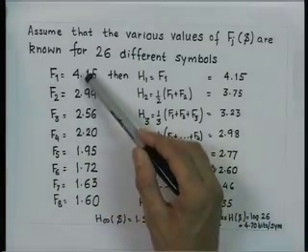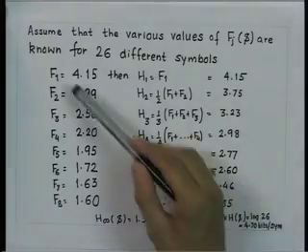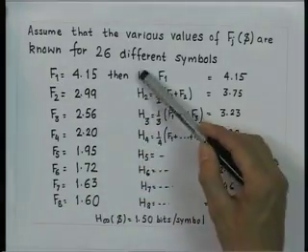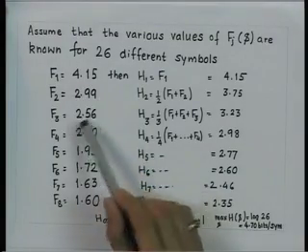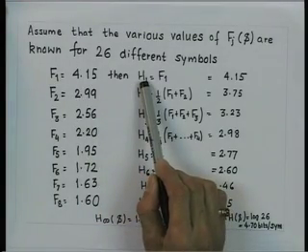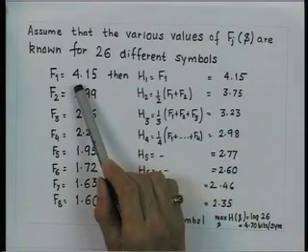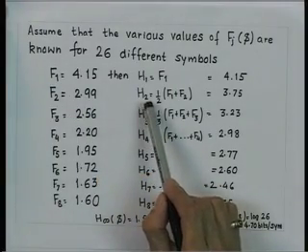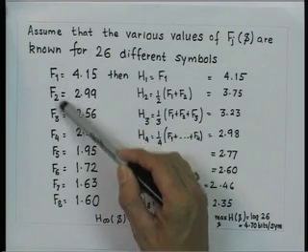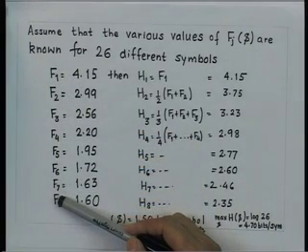If you look at these values of Fn and Hn, there is an interesting result. You will find that Hn is always larger than Fn. That is one point which you have to notice. Another is that Fn is always a monotonically decreasing function of n.